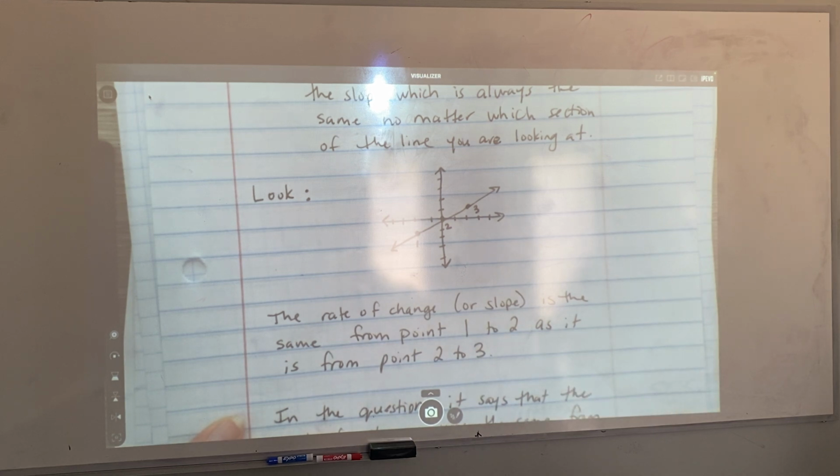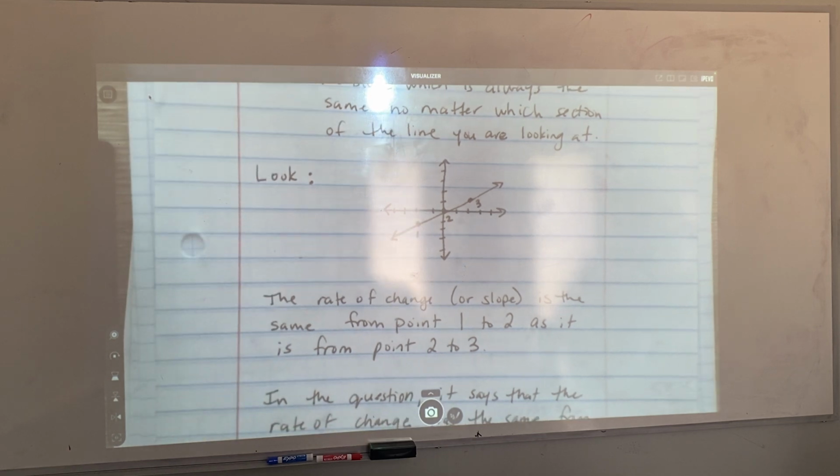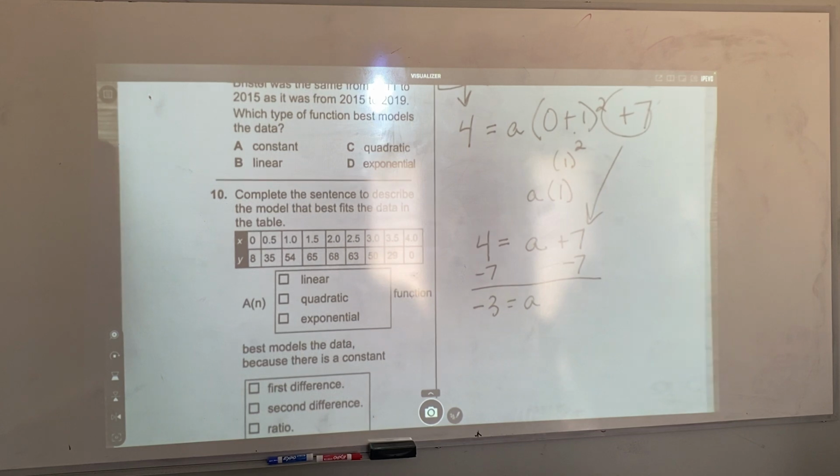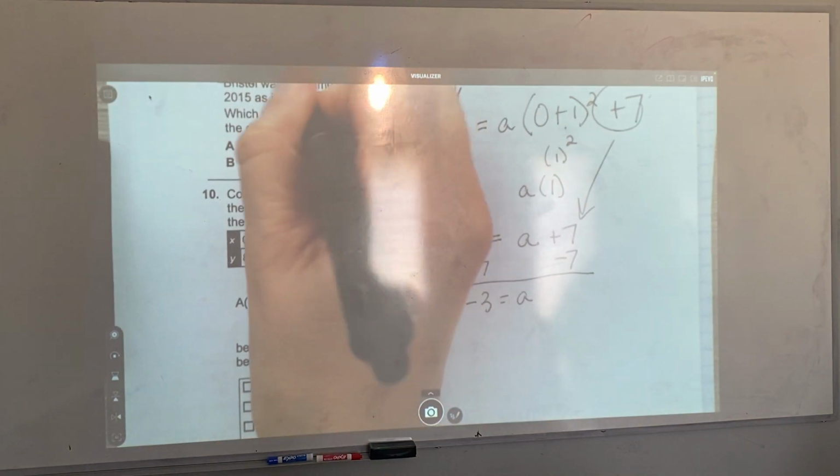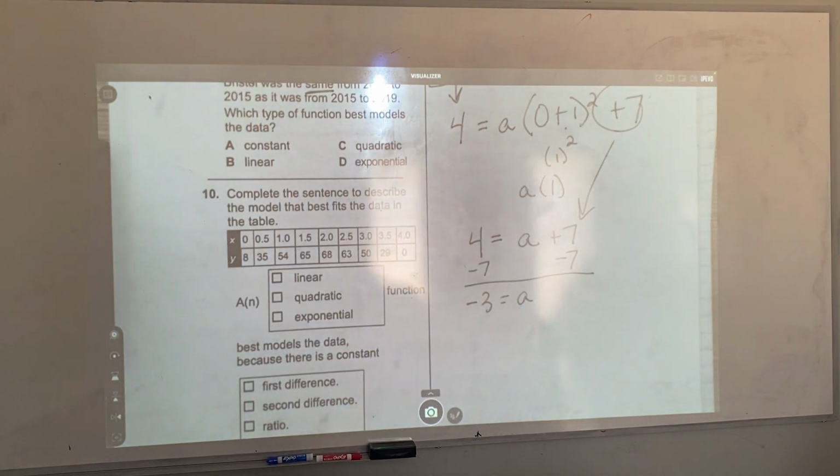So what's the difference between linear and constant? Oh, good question. Because it's very confusing, because when we see the word same, it makes us think of the word constant. And that's because another way to say the same rate of change is a constant rate of change. So is constant part of the answer? It's actually not.